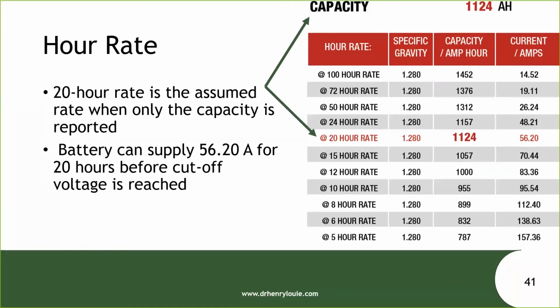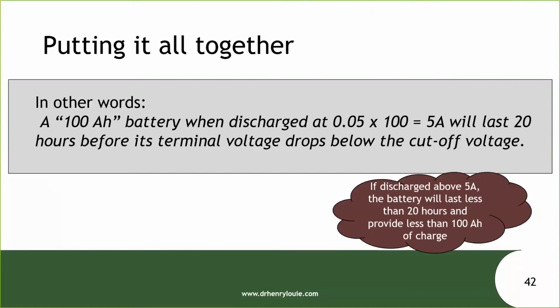But you can see from this table, if you look at the column on the far right, that at any other amount of current, the capacity is going to change. So you need to think about your system. You need to think about how it might be discharged. Is it going to be discharged quickly? Is it going to be discharged slowly? You would select then the proper capacity for that battery.